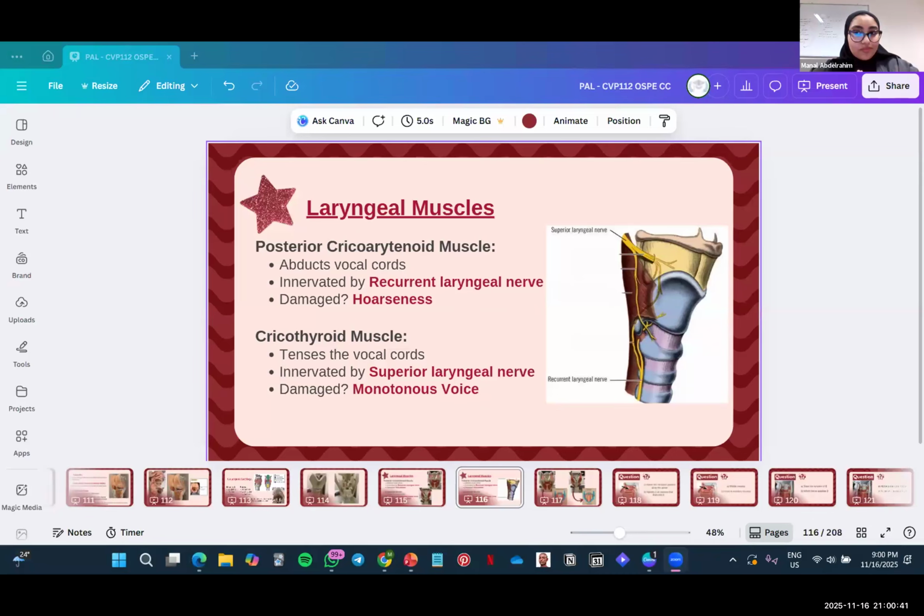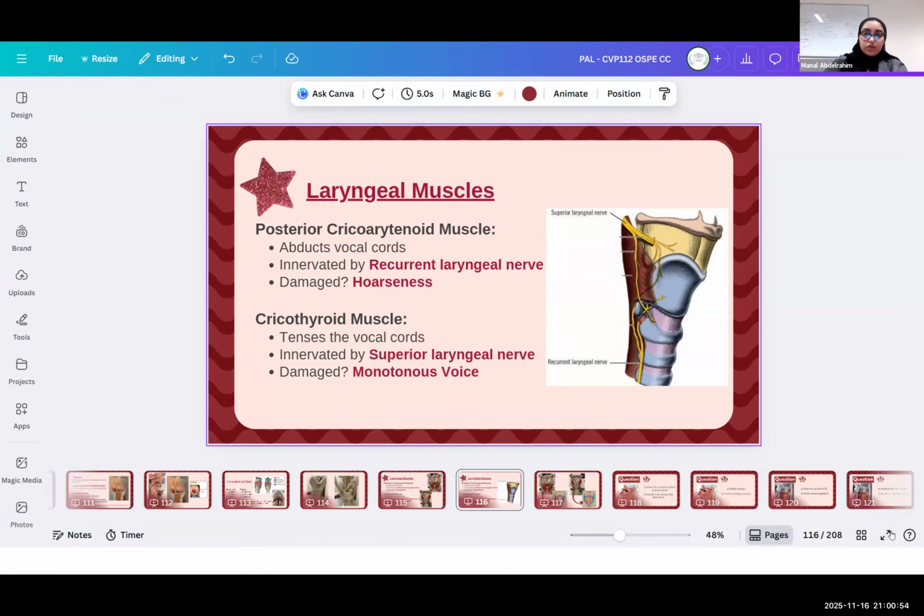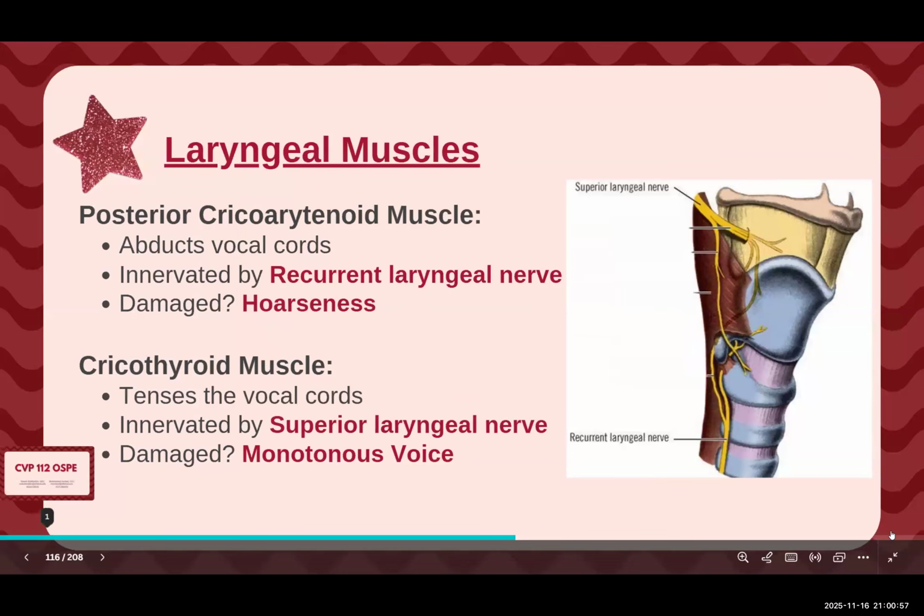There's so much technical difficulty, it's not funny. No? Okay, let me stop sharing and share again. Can you see it now? Yes. Do you see it completely or are there small parts covering part of the screen? No, it's clear. Can you just let me know where we stopped before I got kicked out? The laryngeal muscles.